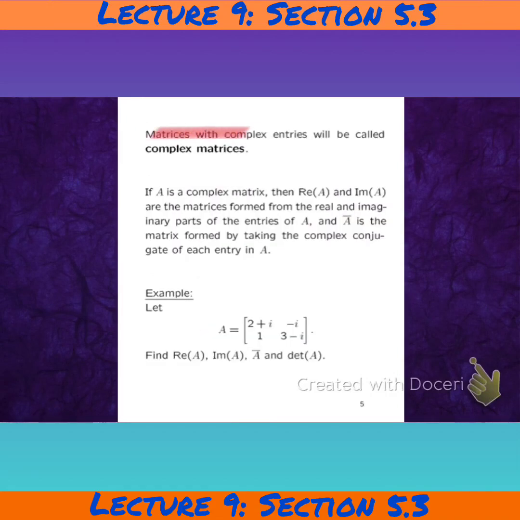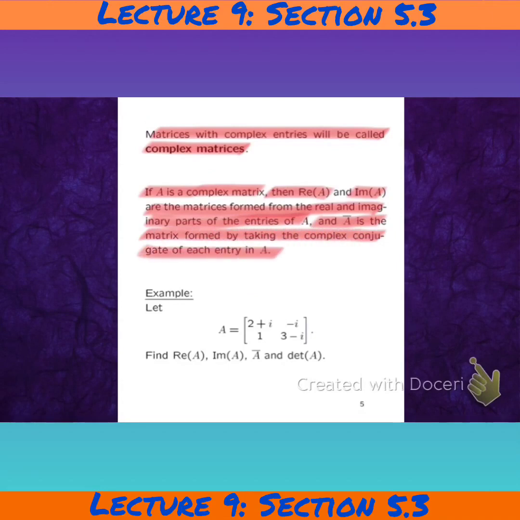Then matrices with complex entries are called complex matrices. And if A is a complex matrix, then the real part and the imaginary part are matrices formed from the real and imaginary parts of the entries of A. And the conjugate of that is the matrix formed by taking the complex conjugate of each entry in A. So if you look at the real part of that matrix, it's going to be formed by those entries there.